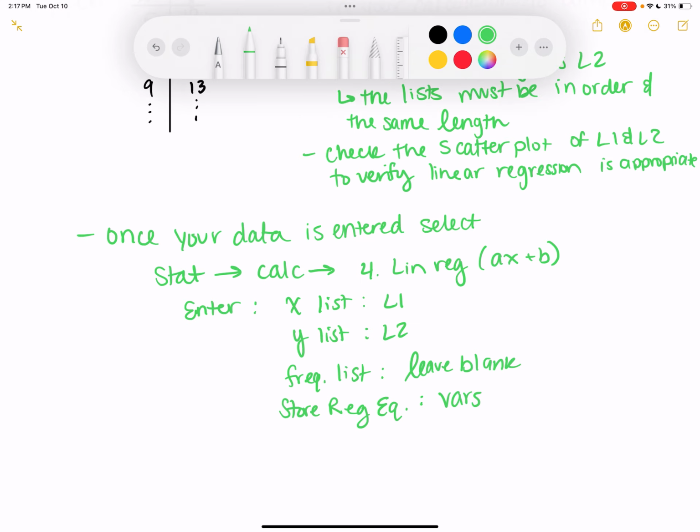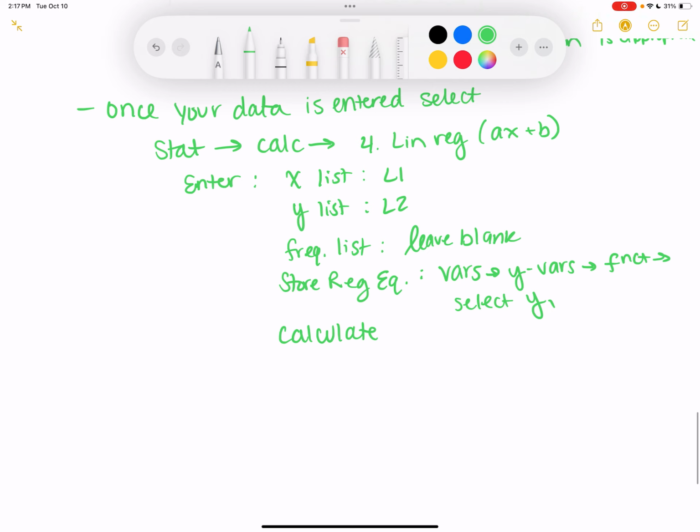Vars, and then Y-Vars, Function, and then select Y1, and then calculate.